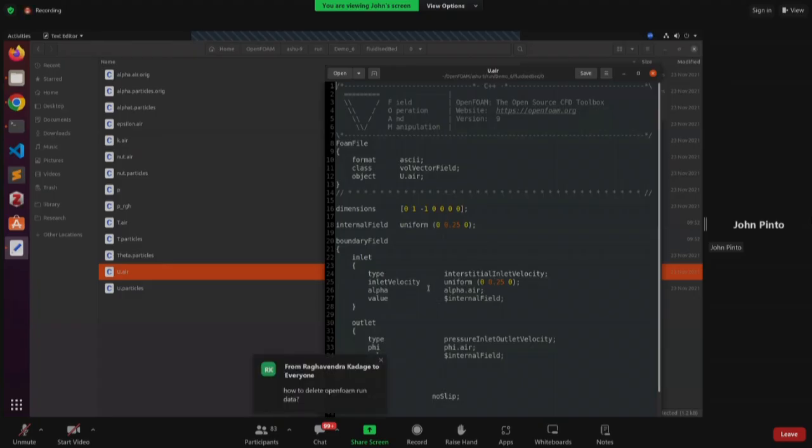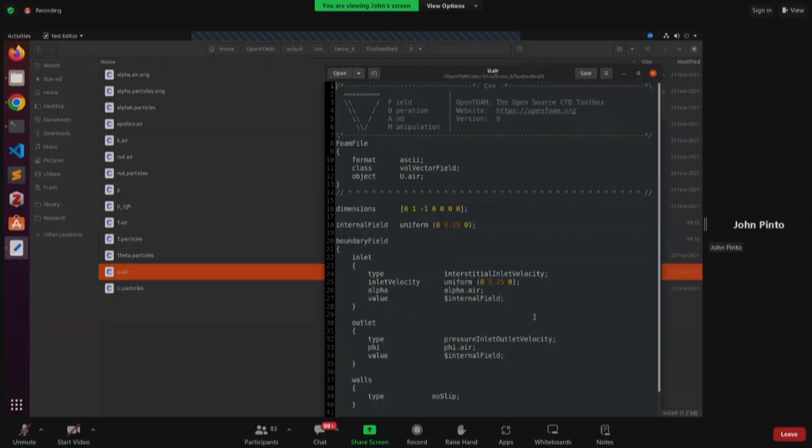To simulate this, at the inlet we need to specify something called an interstitial inlet velocity, something like an average velocity of the flow. This boundary condition makes sure that we get an average velocity of 0.25 meters per second in the y direction, or upward direction. That is our inlet boundary condition.